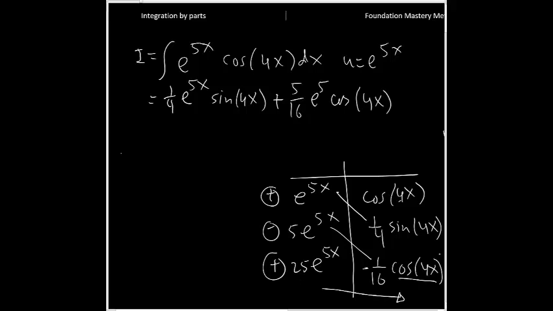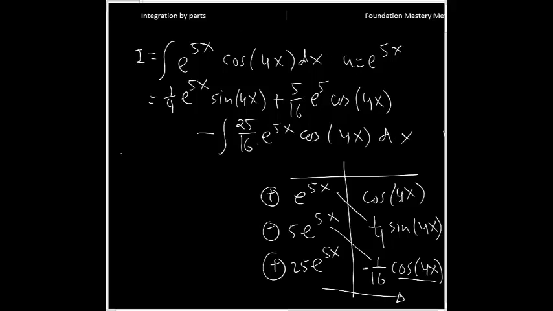When you go straight, the plus and minus altogether will be minus, and straight when you go, you need to take the integral sign. So 25 and 1/16 will make it 25/16, and then e to the 5x cosine 4x dx. Now you see what happens.